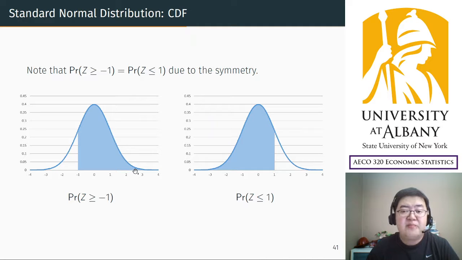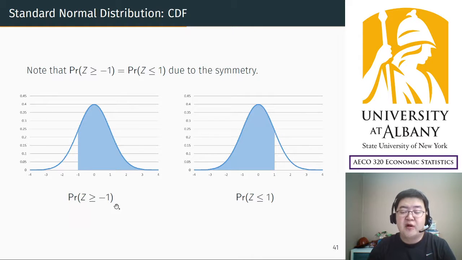But because a bell curve is symmetric about the mean, if you flip the left and right, or think about its mirror image, you have the same area in this way. So this area is the probability smaller than 1.